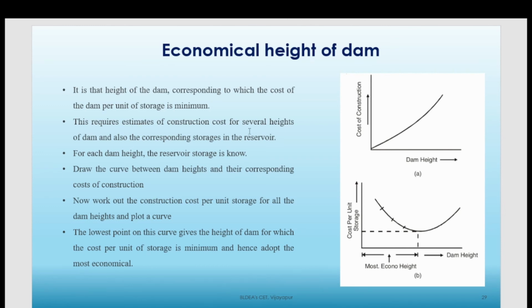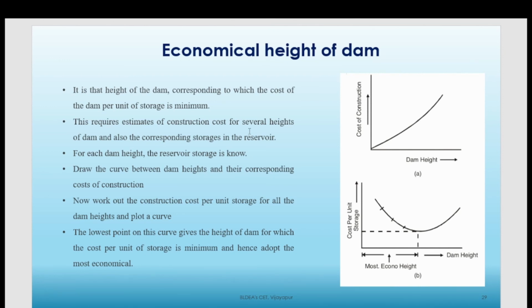But one thing we need to understand, as we see in this graph, is that when we keep increasing the height of the dam, the cost of construction also increases. From here to here, the cost of construction and dam height were almost linear. After that it turns into an exponential curve. As you increase the height of the dam, the cost of construction increases rapidly.